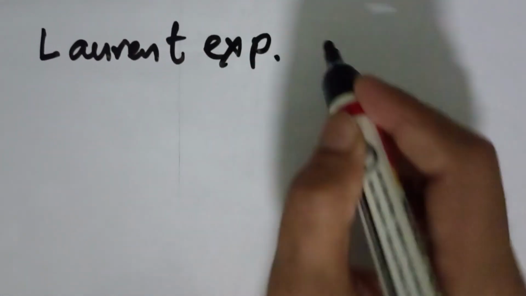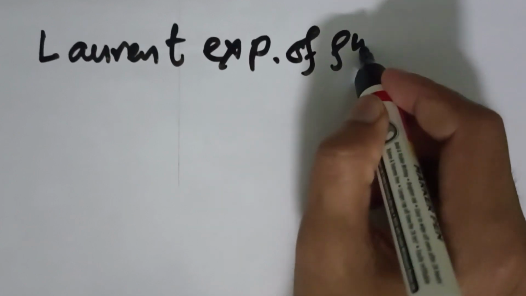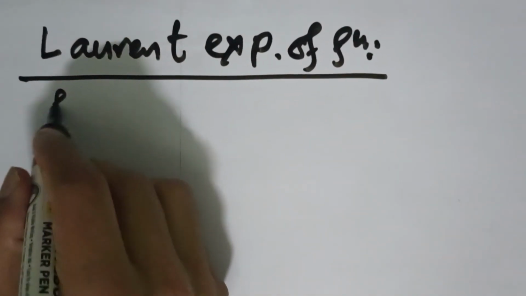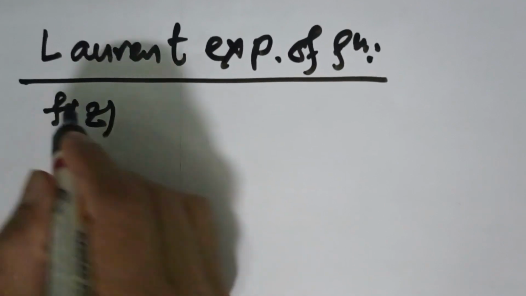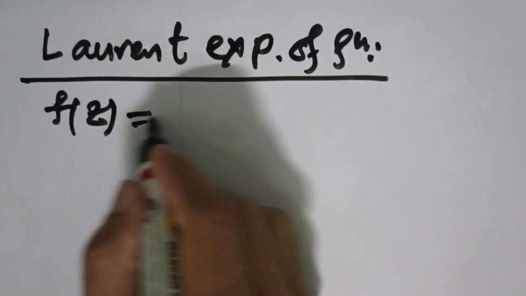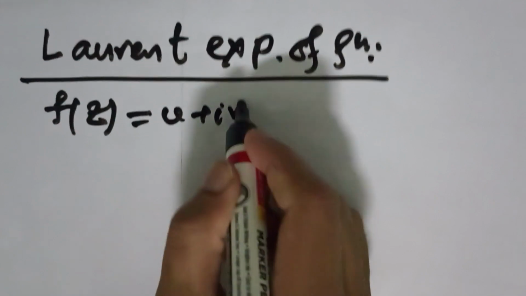Suppose you have a complex-valued function, of the form a plus ib.